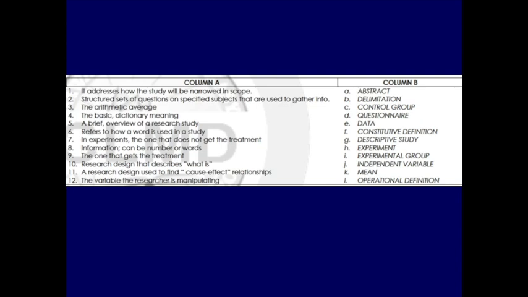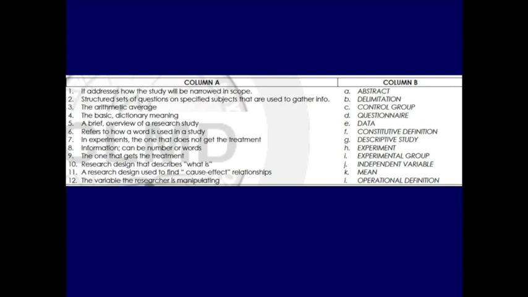Number 5. A brief overview of a research study. Number 6. Refers to how a word is used in a study. Number 7. In experiments, the one that does not get the treatment. Number 8. Information can be number or words.